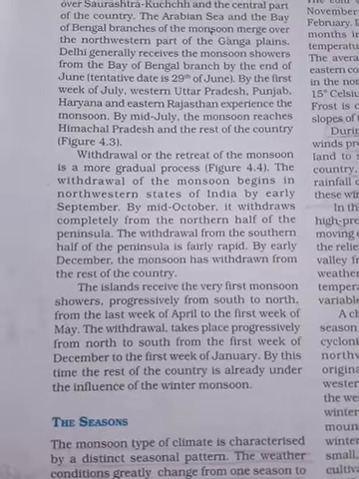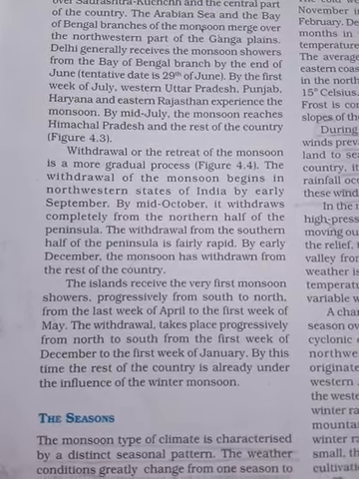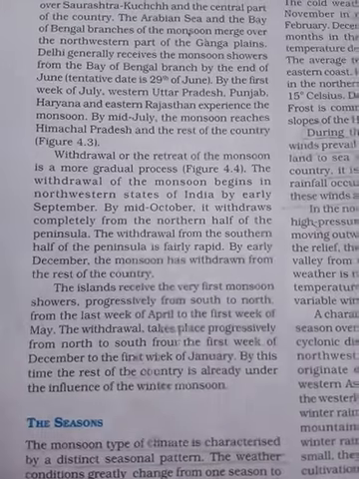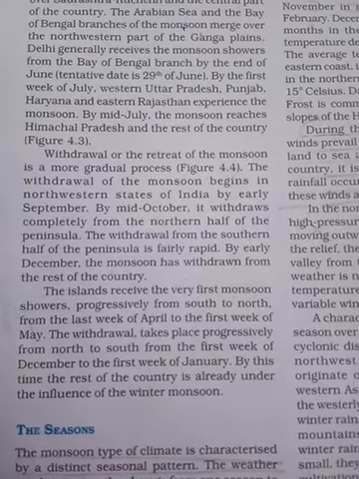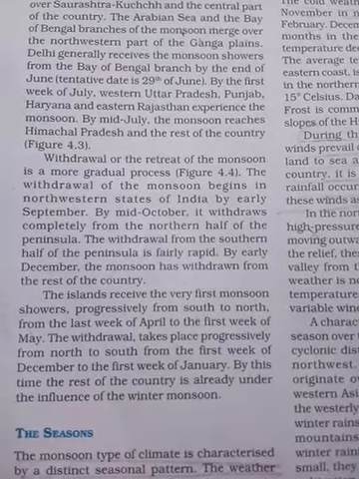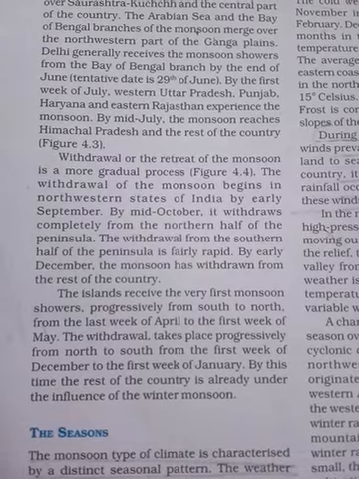Withdrawal, or the retreating monsoon, is a more gradual process. After the advancing monsoon, there will be a retreating monsoon. The withdrawal of the monsoon begins from the northwestern states by early September.